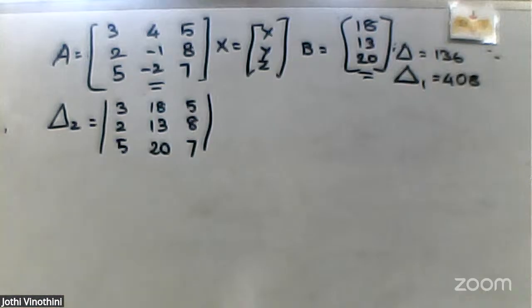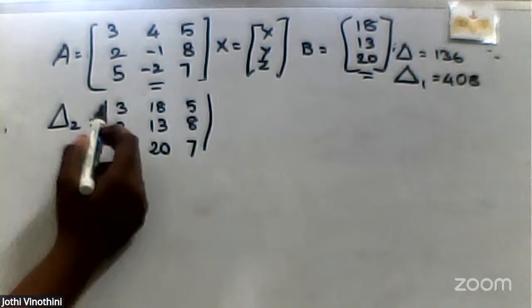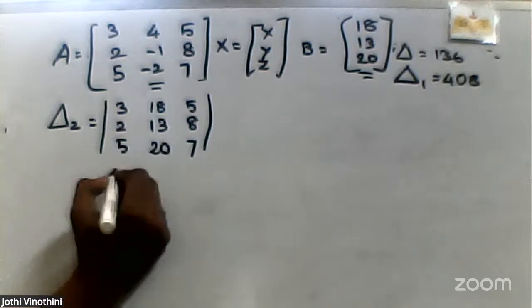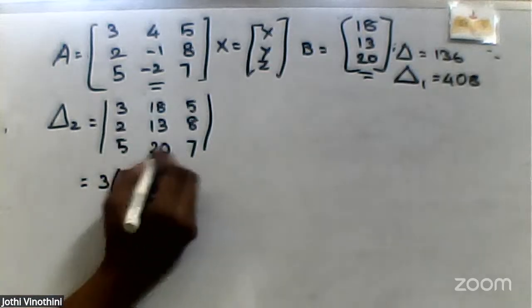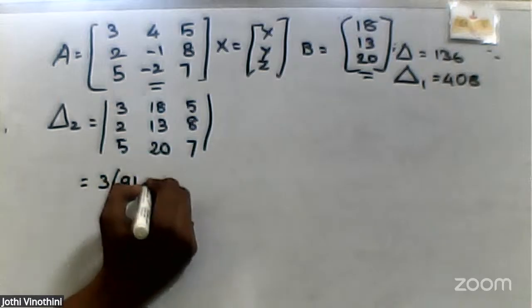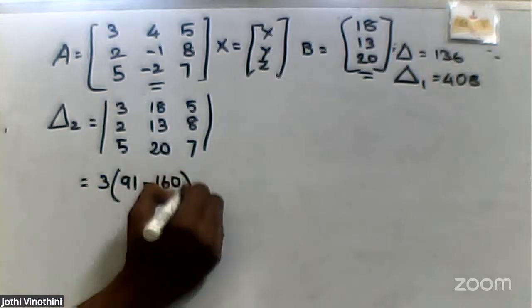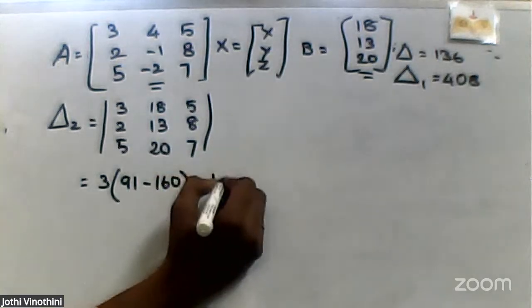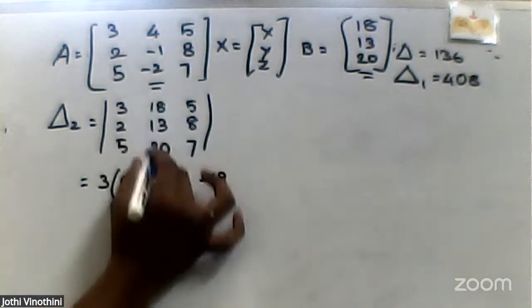So shall we start to solve? We are going to solve this using row 1. Okay? Okay. So it equals 3 multiplied by 13 sevens are 91 minus 160, clear? Clear. Minus 18, now I am doing this, so I will leave this one.